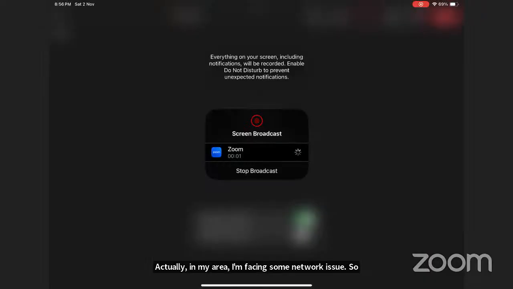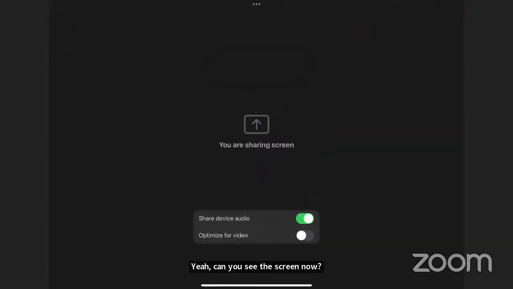Actually, in my area, I'm facing some network issue, so it may be a problem for today. So please just wait for 2 minutes. Can you see the screen now? Still loading.